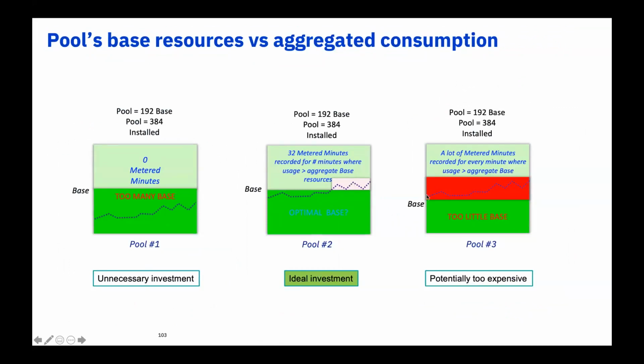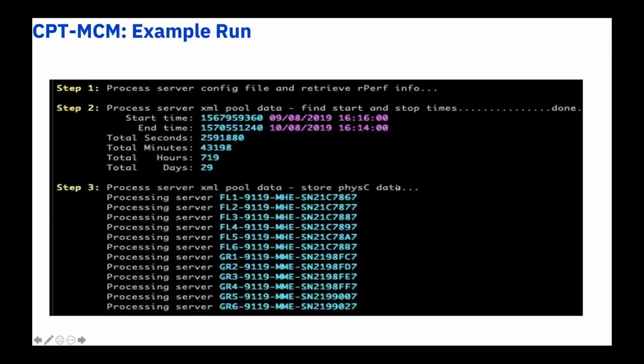Meter capacity minutes are more expensive over time. If you always rely on meter capacity minutes, it might be too expensive. If you purchase too many base activations upfront, that is a waste of resources, an unnecessary investment upfront. There is an optimal sweet spot for base licenses, and in this tool, we try to identify that.